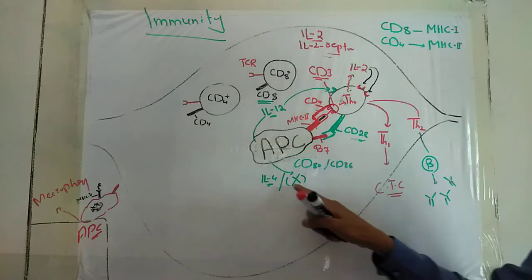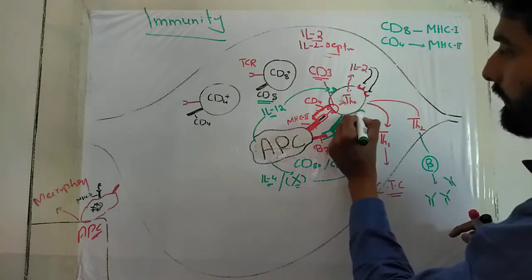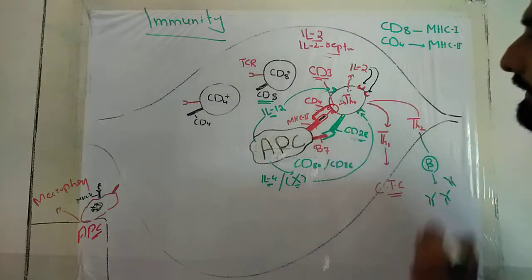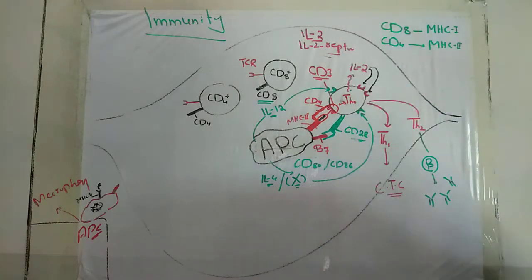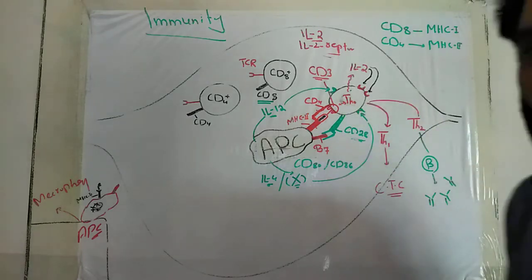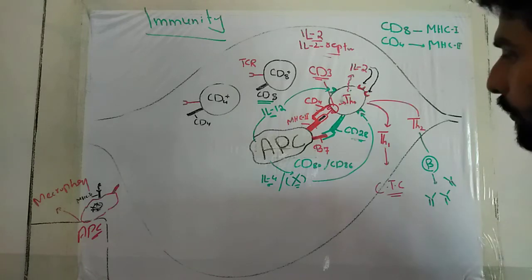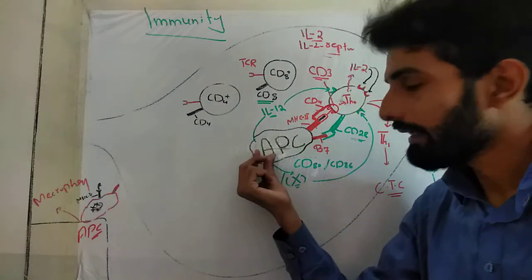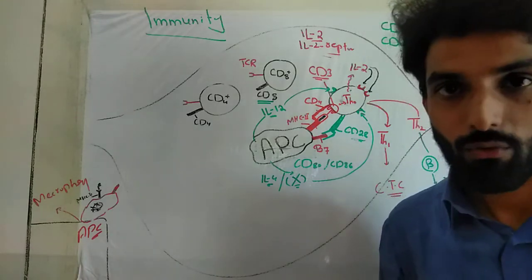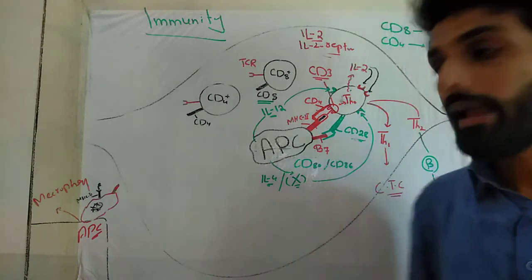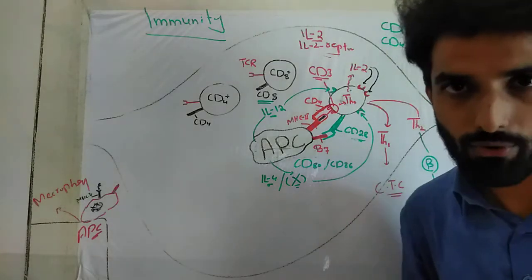Interleukin 4 will be released from APC. It will act on its receptors. And it will guide this Th0 so that it may convert into Th2, because the pathogen is extracellular, so we need to activate humoral immunity. We do not need to activate cytotoxic T cell mediated immunity.